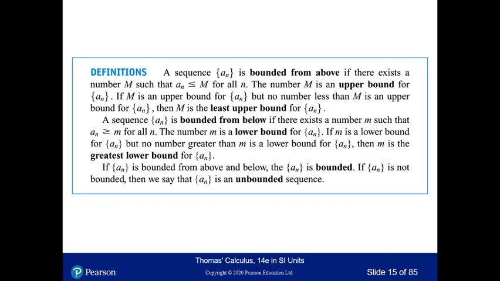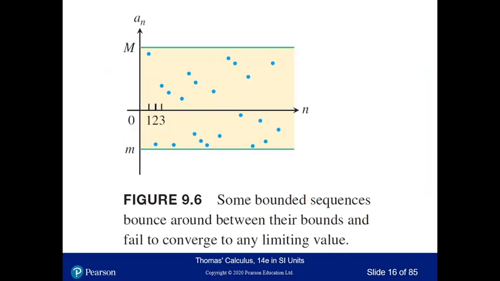Alright, so we have a notion of sequences being bounded above by a number and bounded below by a number. We have the least upper bound notion, the greatest lower bound notion, and the unbounded notion.